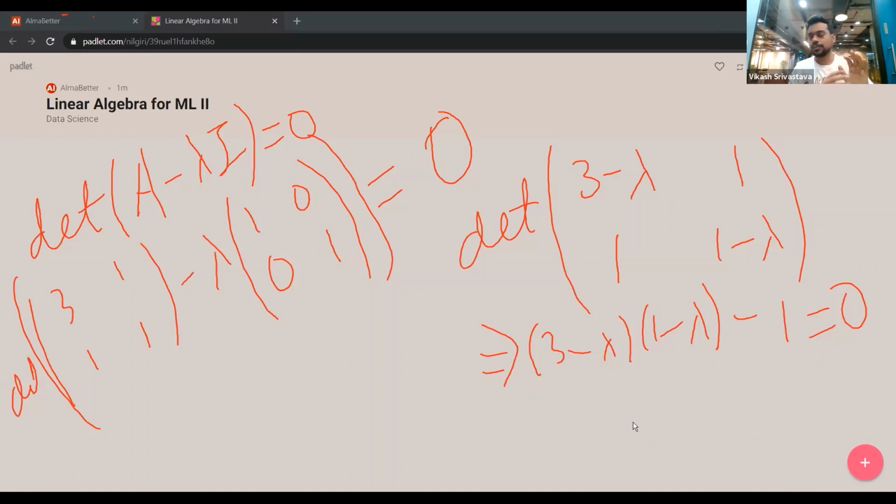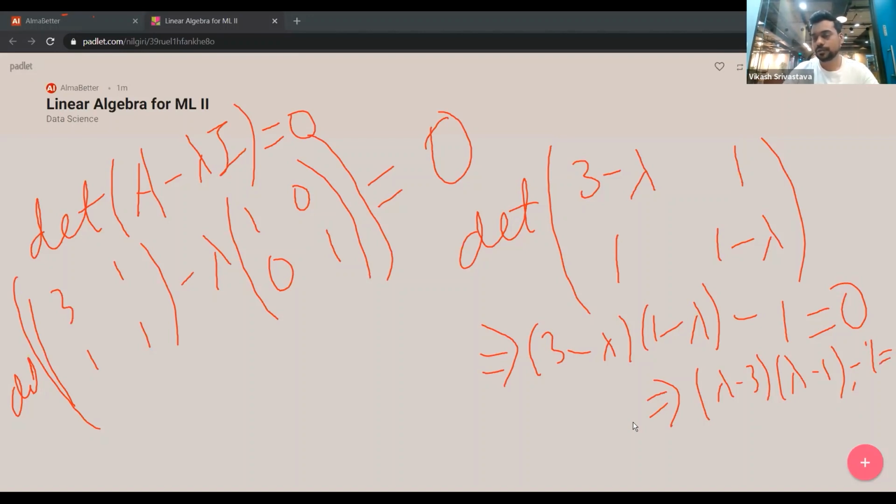We can discuss later why this condition holds. I can write this similarly as (lambda minus 3)(lambda minus 1) minus 1 equals 0.